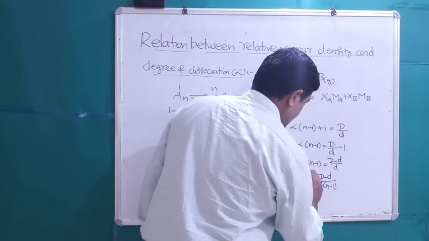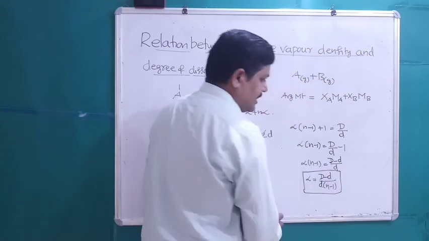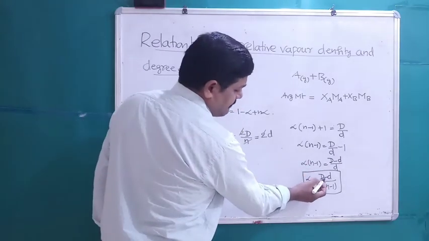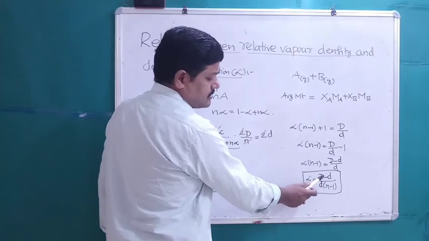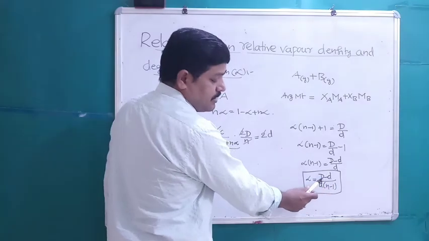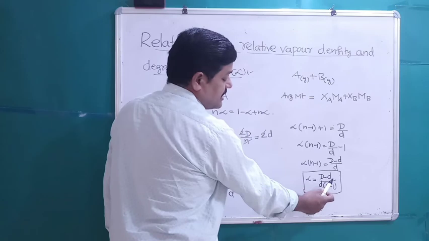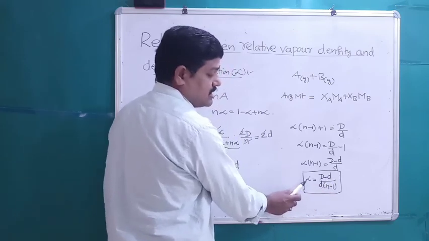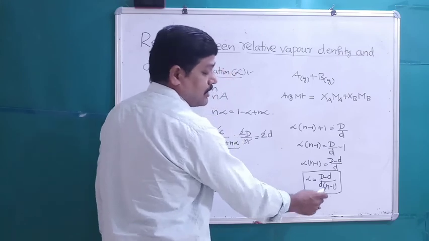Students, this is the relation between relative vapor density and degree of dissociation alpha, where capital D is the vapor density before dissociation, and small d is the vapor density after dissociation, alpha is the degree of dissociation, and n is the number of moles produced after dissociation.